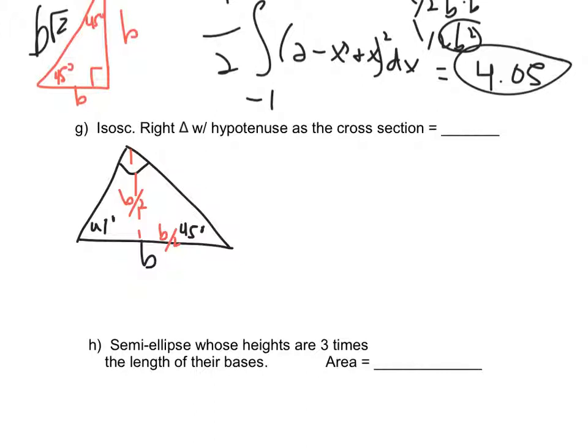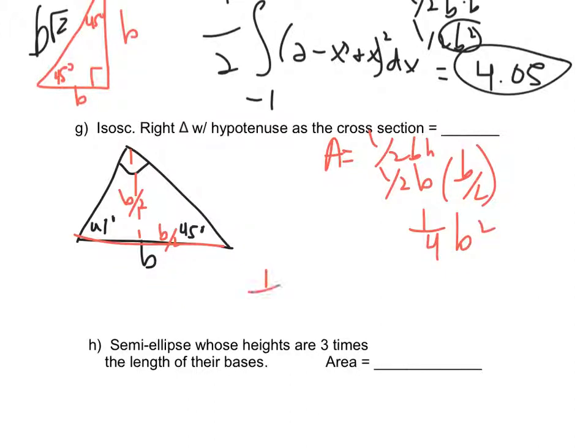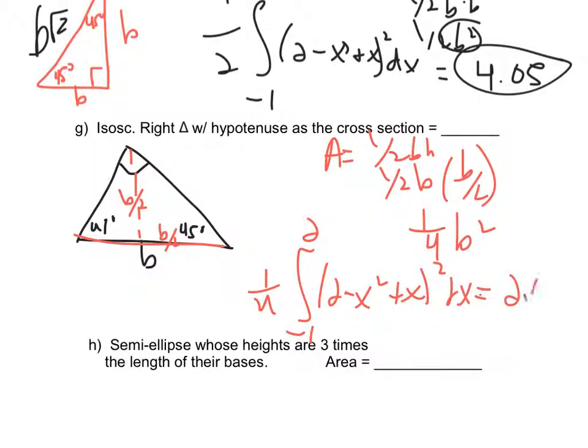So your formula for area would be 1/2 base times height again, except our base is b and our height is b over 2. Okay, because it's 1/2 of the whole base. Your whole base is this part. Okay, so you end up with 1/4 b squared. So again, similar formula, 1/4 integral -1 to 2, 2 minus x squared plus x, as we're used to doing, squared dx. Just be careful because that's not always squared, so just keep that in mind. You get about 2.03. It's very exciting stuff.